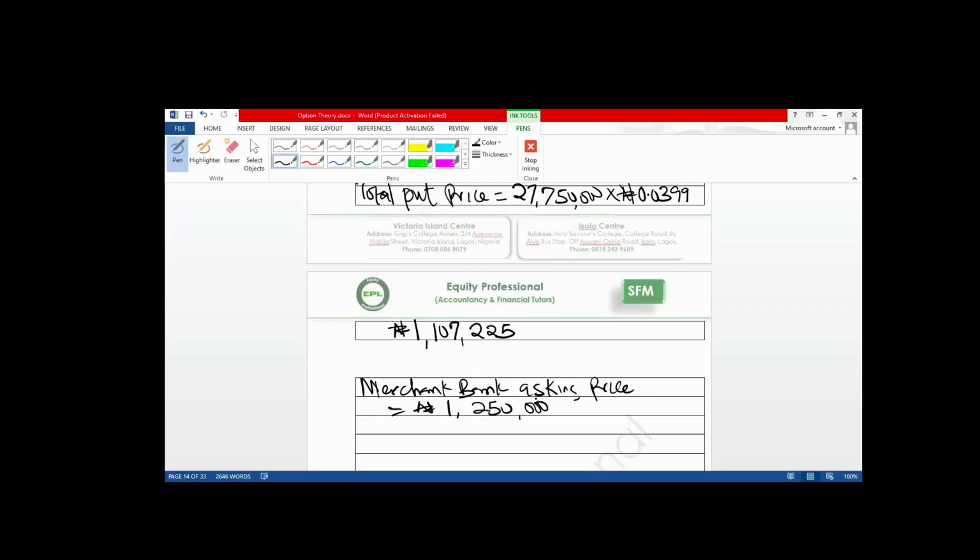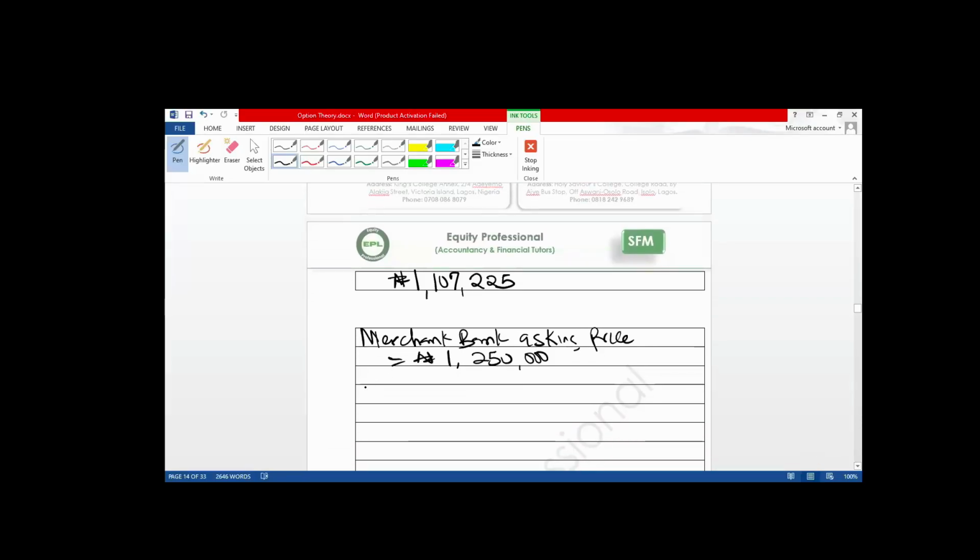The answer is no. The merchant bank asking price is not a fair price.